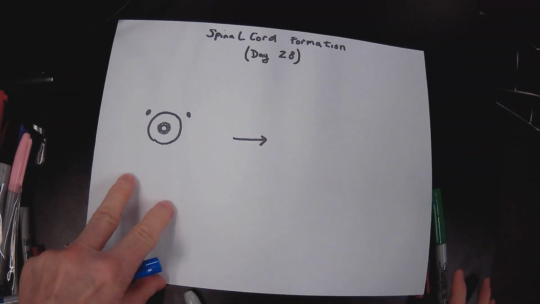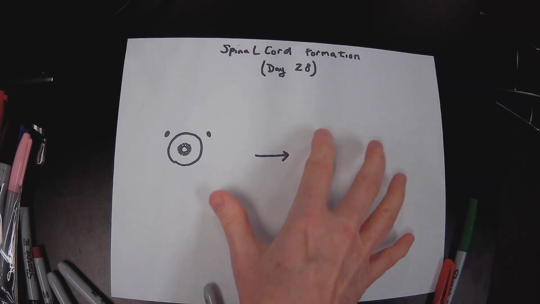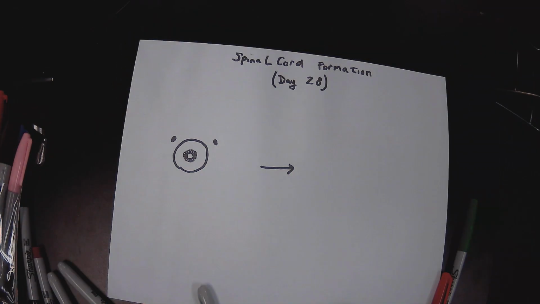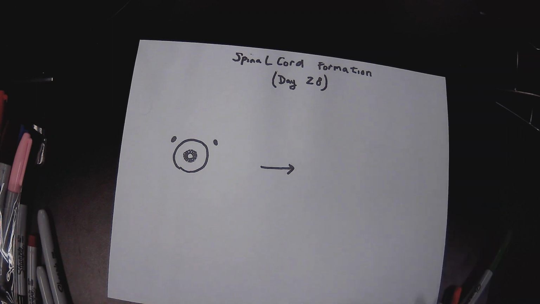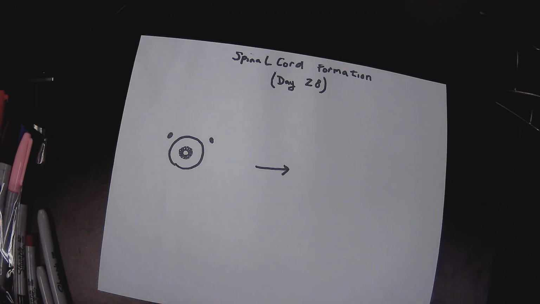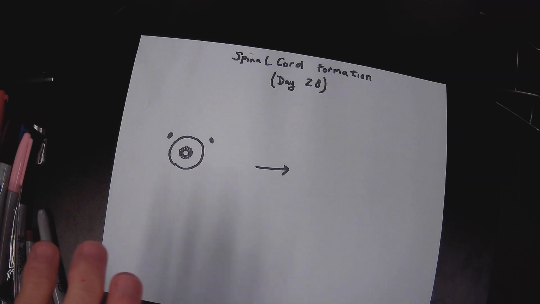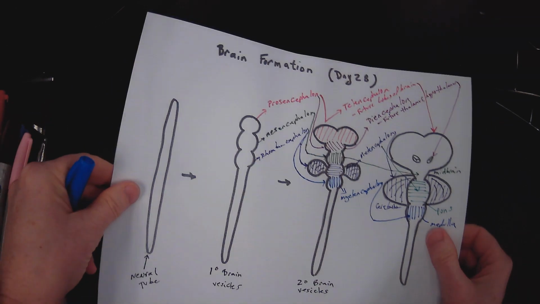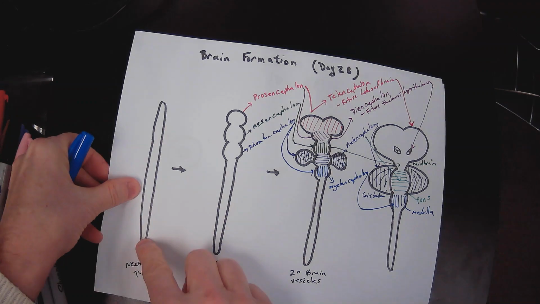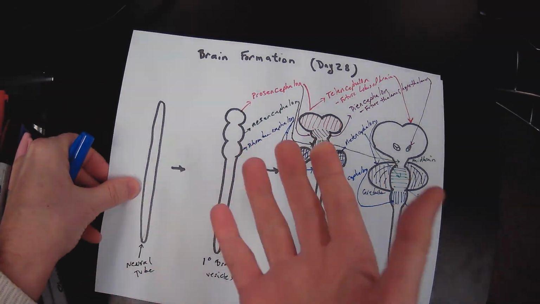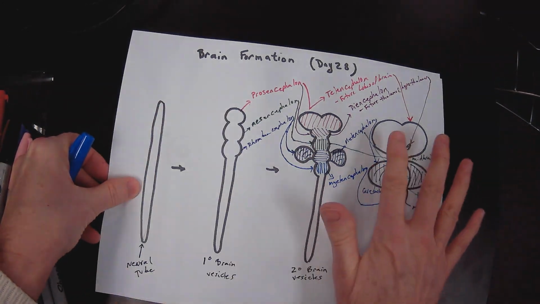Last one. This is going to be your spinal cord formation, which, as I said, happens about the same time. At about day 28 in the embryo, you start to form your spinal cord. When I'm looking at the neural tube, I'm showing you a long view, an anterior view, really anterior because the cerebellum's in the back.